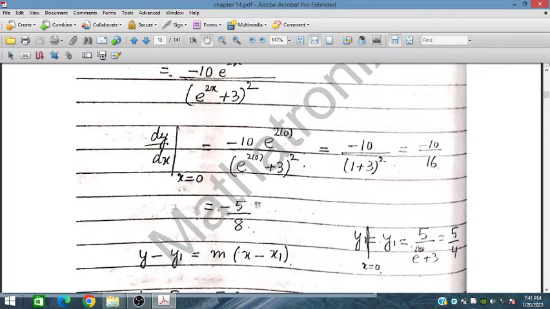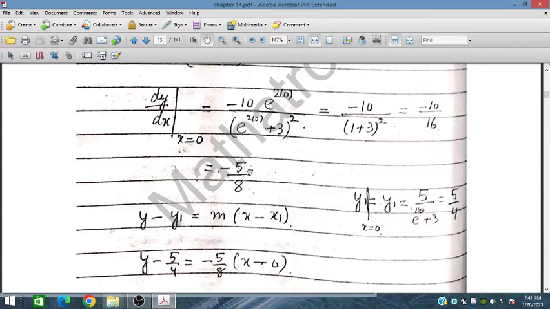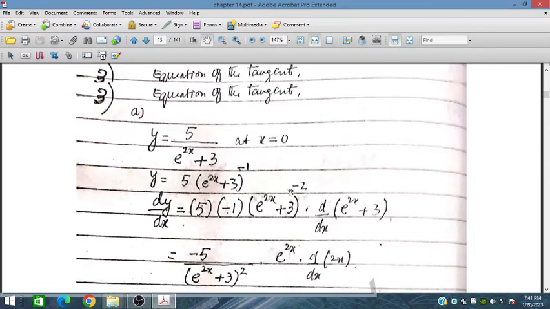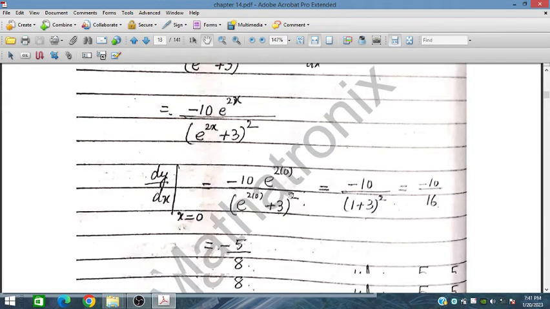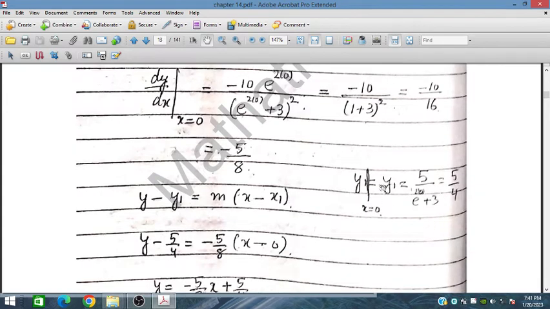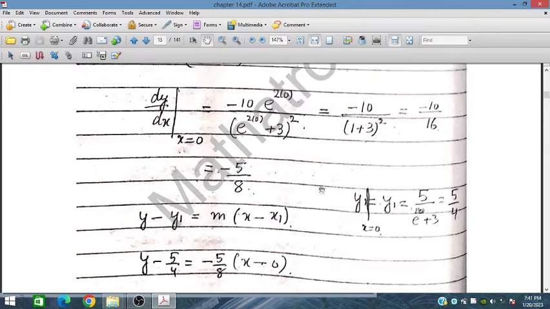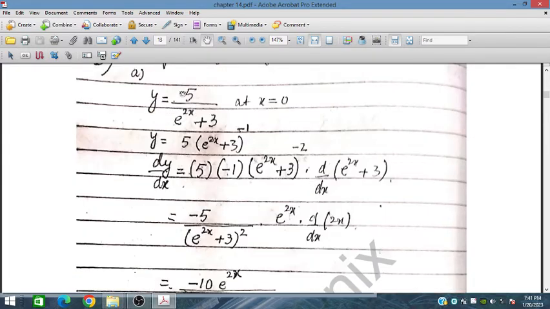This is our tangent slope, now this 5 upon 8. So the equation of line is basically, the y1 is this y that is given.